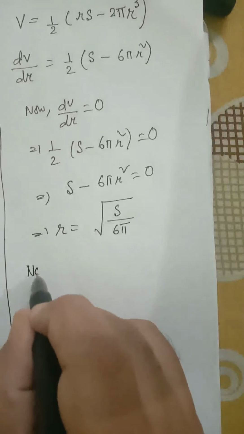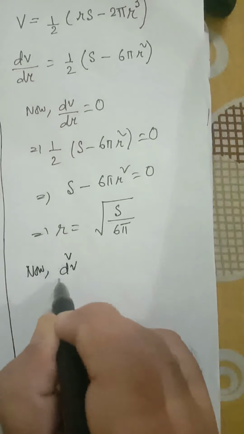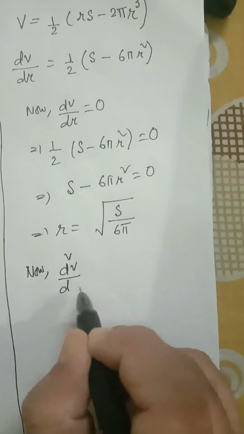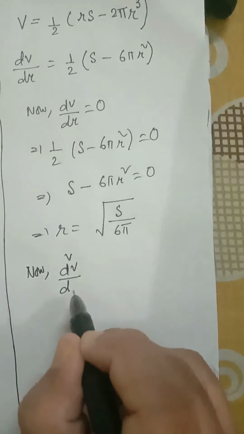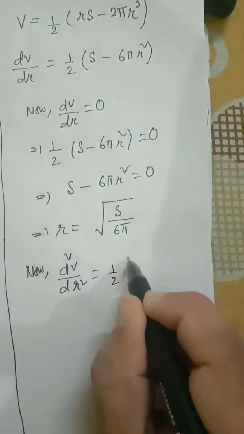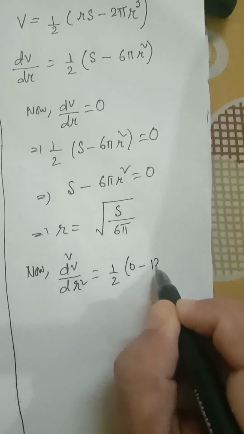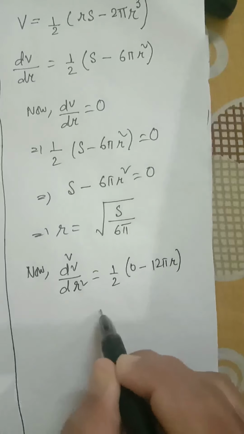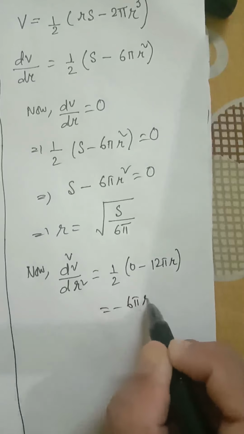Next step, we have to find d2V/dr square, because we have to find the maximum value of V. So d2V/dr square equals half into 0 minus 12 pi r, so equal to minus 6 pi r.